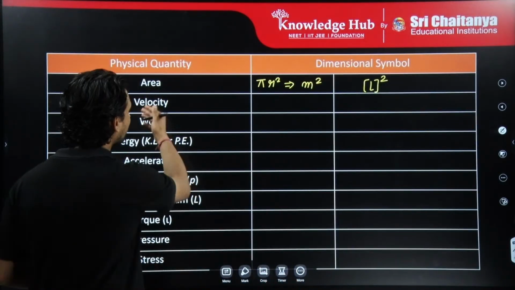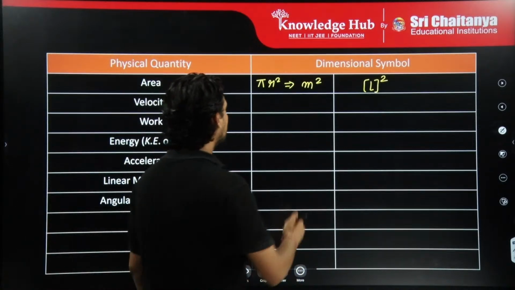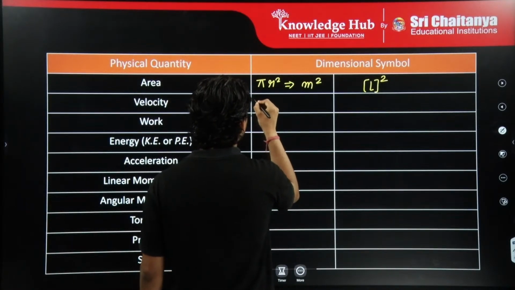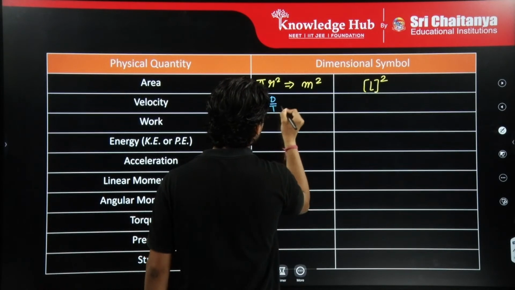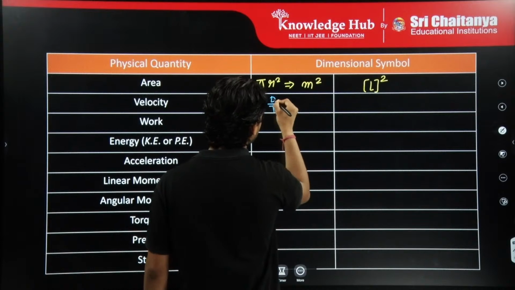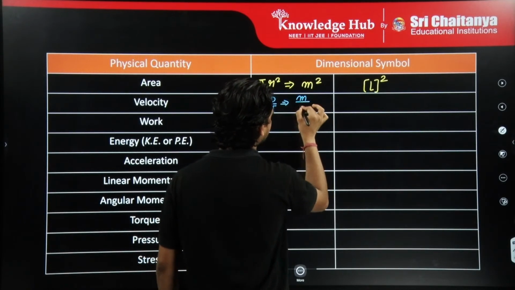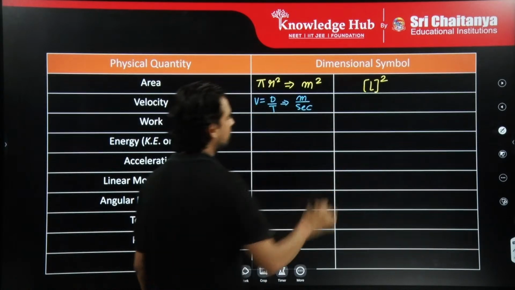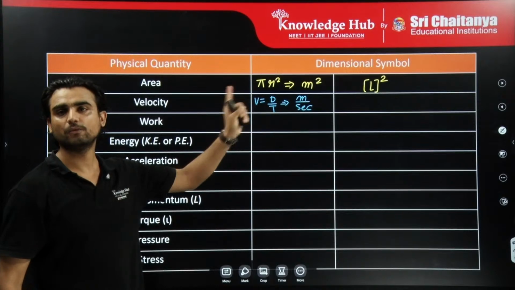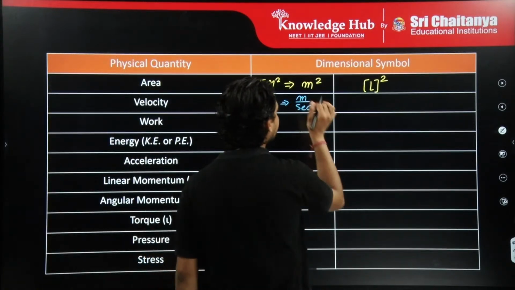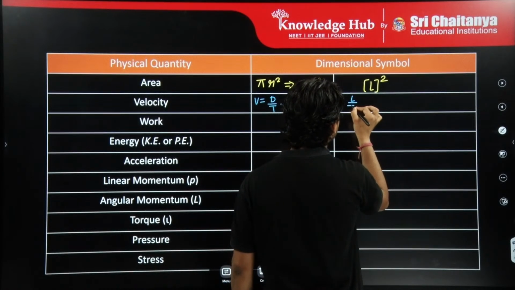Now what about velocity? With velocity, what formula do you remember? I remember velocity is equal to displacement upon time, right? The displacement unit is meter, time is second. So meter is basically L and second is time.